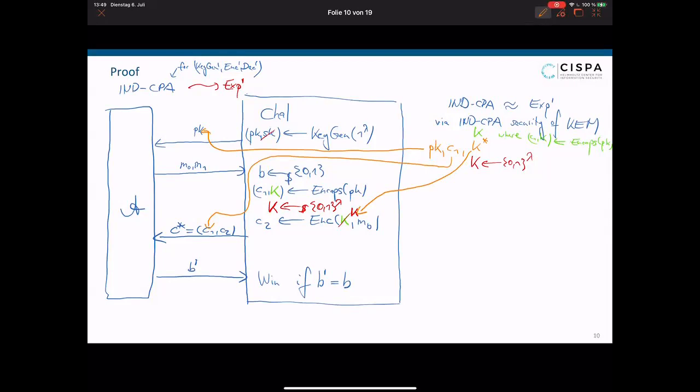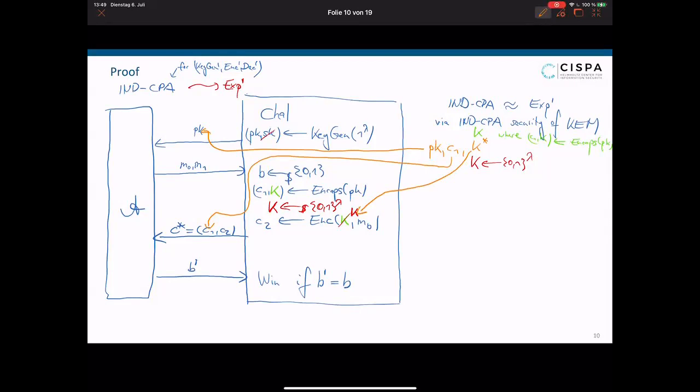If K star is the green thing, then everything is green, so to speak, and we're just simulating the INCPA experiment. On the other hand, if K star is the red thing, then it's like everything is like in the experiment X prime.